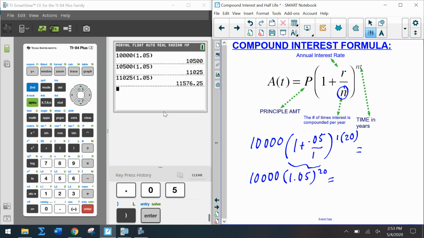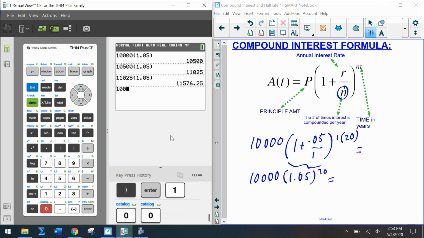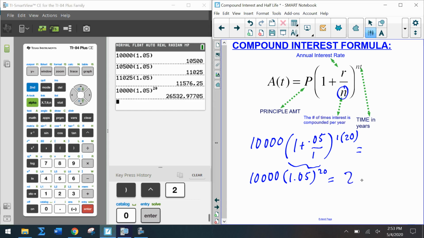So in my calculator, after compounding once a year, 1.05, and then using the caret to the 20th, we have $26,532.98. Okay, so that's us compounding yearly.